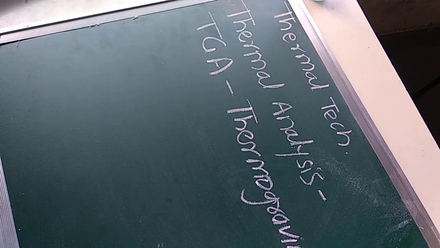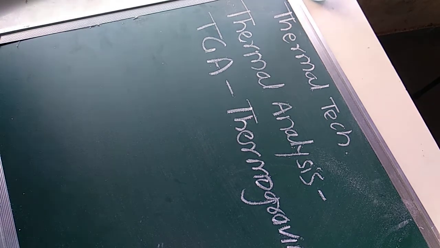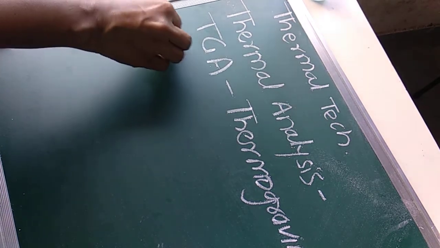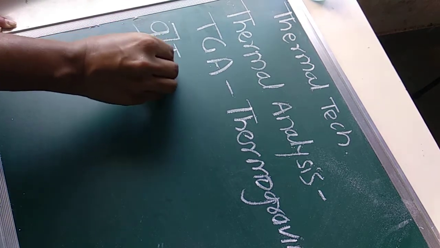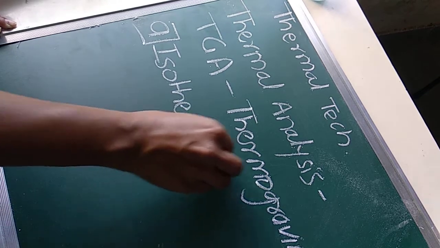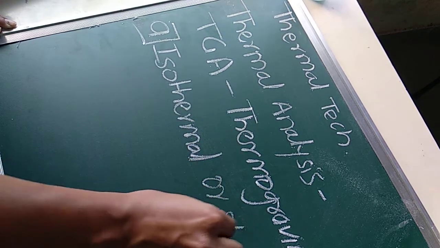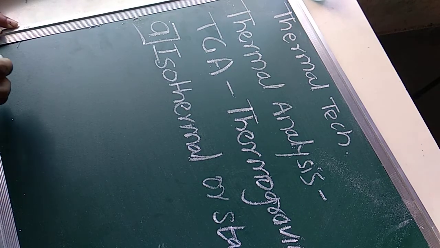There are 3 types of thermogravimetry analysis. The first one is isothermal, or static thermogravimetry.